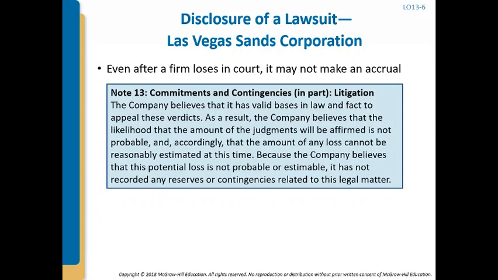So even if you have a judgment or a verdict in a lower court that's decided against you, if you have the ability to appeal, you don't necessarily have to book a liability in your financial statements. So here's an example of that.